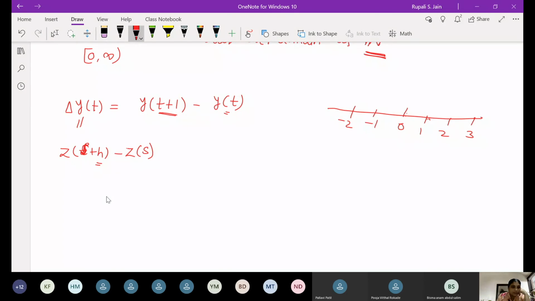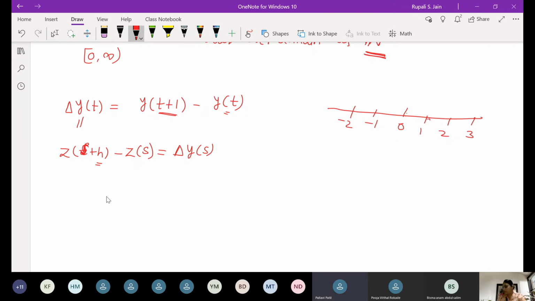Okay. So that will also be my delta y of s. It is not necessary that step size should always be 1. Okay. But it is standard notation that we usually take delta yt as nothing but y(t plus 1) minus yt. Without loss of generality, we consider step size as 1. But if we consider h also, there won't be any problem. Is it okay?